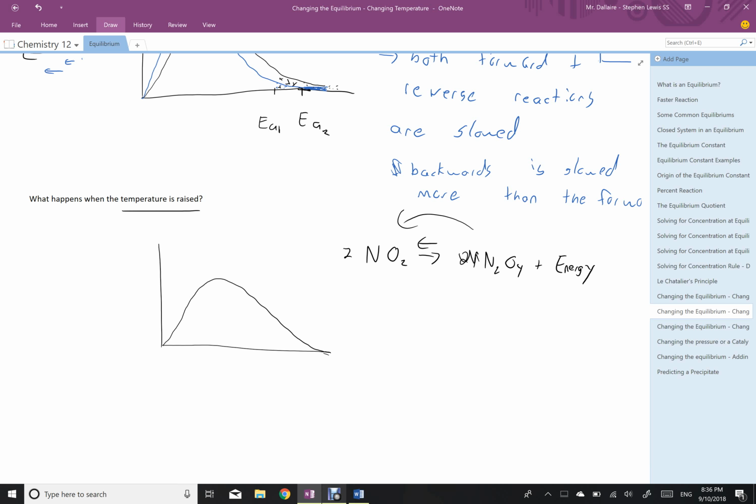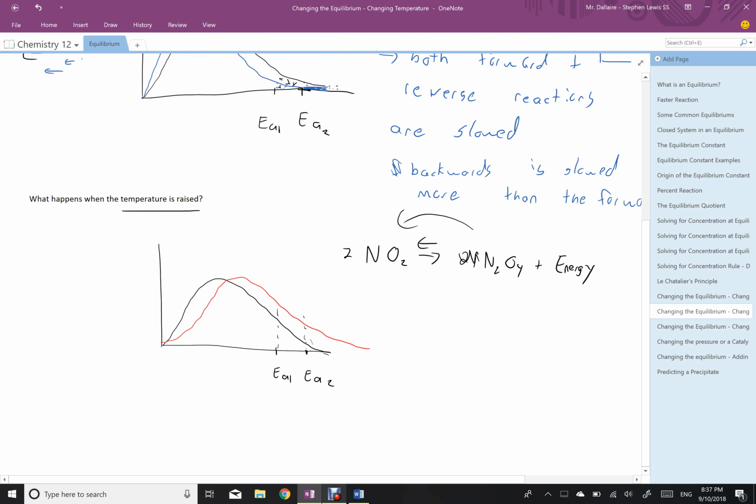What does that mean for a Maxwell-Boltzmann? Well, heating it up means making the energy profile go out further. Now if we go ahead and put our two activation energies back on this graph, we can see that while there are more particles available to do the forward reaction, that change isn't that significant.